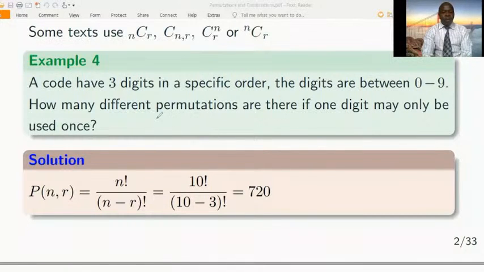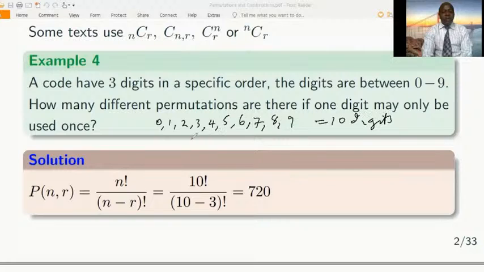So these are the numbers we have. We have 0 up to 9: 0, 1, 2, 3, 4, 5, 6, 7, 8, 9. So how many digits are these? These are 10 digits.